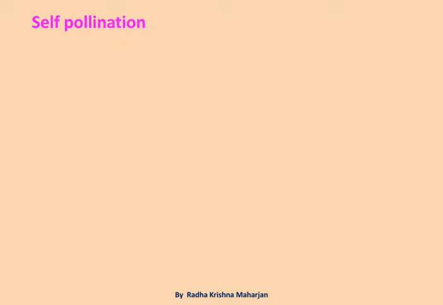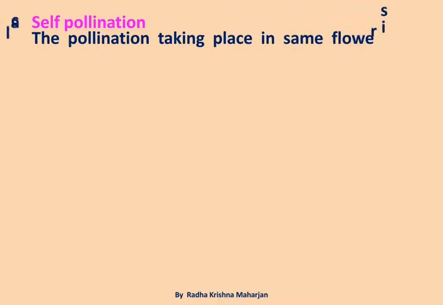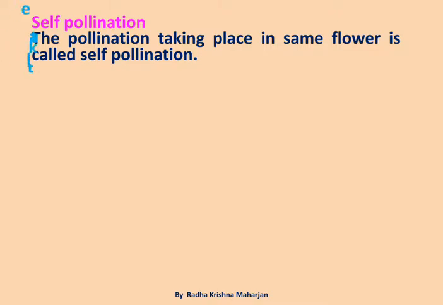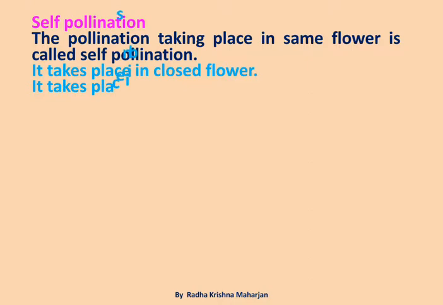Self-pollination. The pollination taking place in same flower is called self-pollination. It takes place in closed flower. It takes place in bisexual flower.